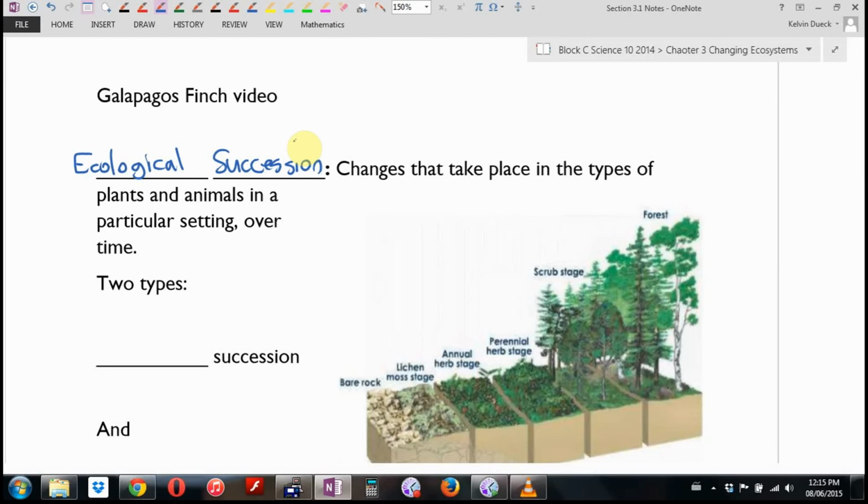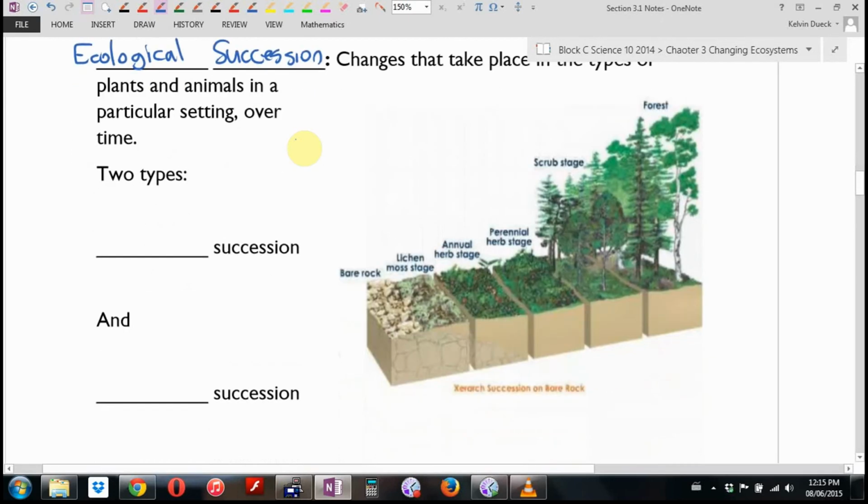This is almost like how a landscape evolves, how a landscape changes over time. There are 2 main types, what we call primary succession. Can you guess what the second type is? The first type is primary succession, and the second is secondary succession.